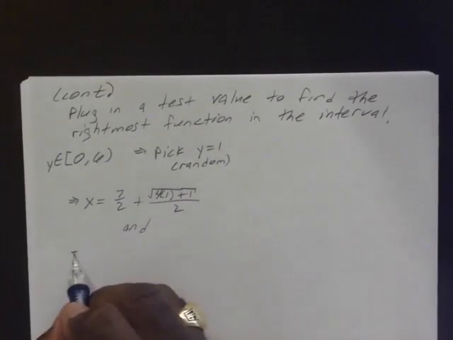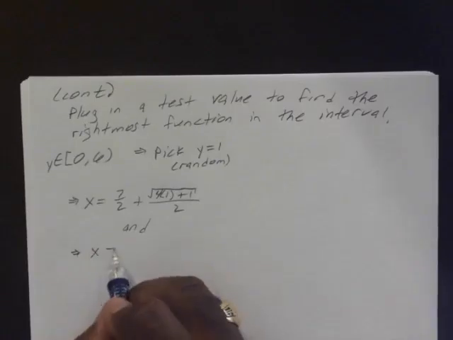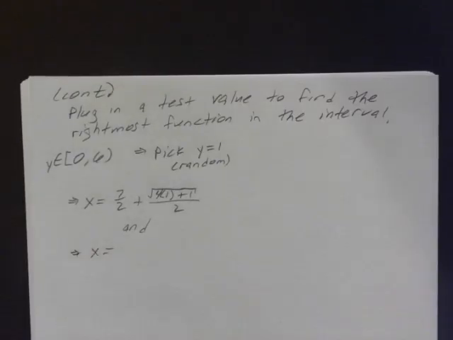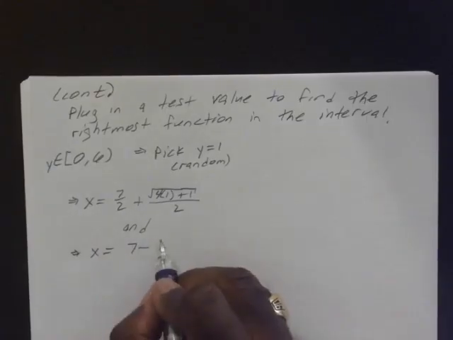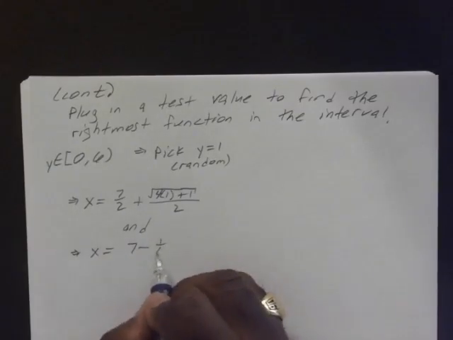And then x is equal to, where's the other one? 7 minus y over 6, so 7 minus 1 over 6.